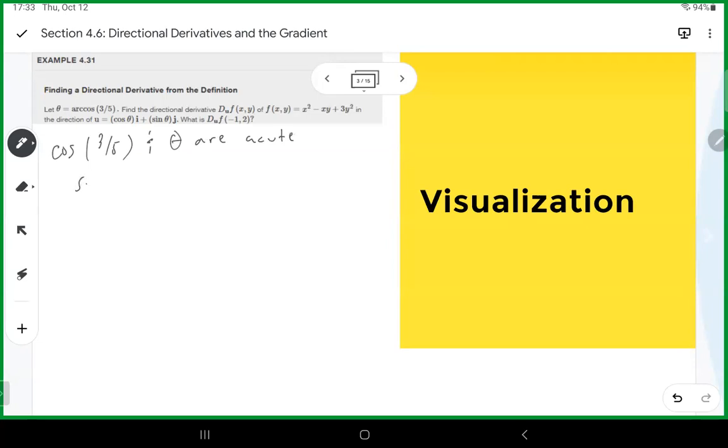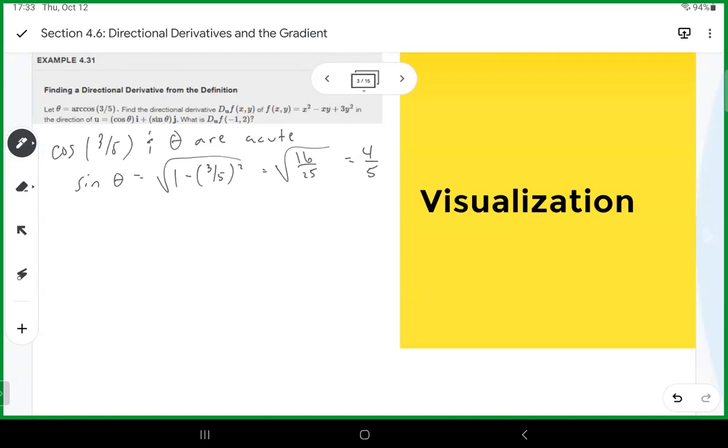So then that means that we would have sine theta. Although, I guess you could have also known that as a 3, 4, 5 triangle.